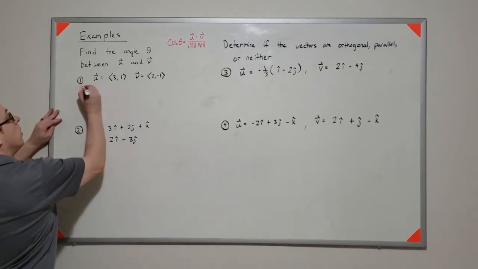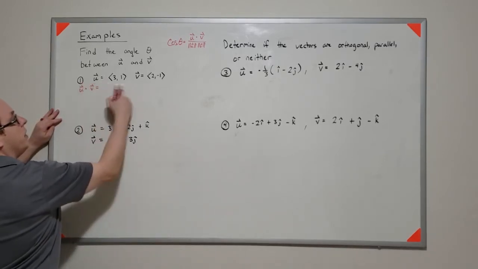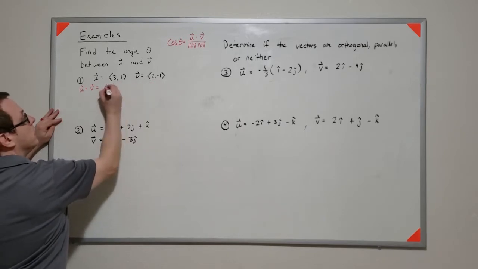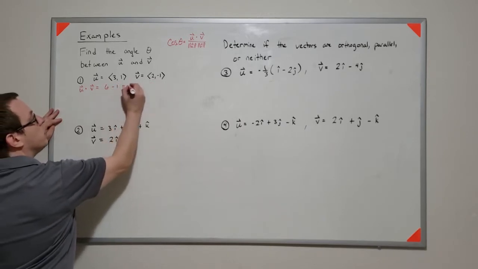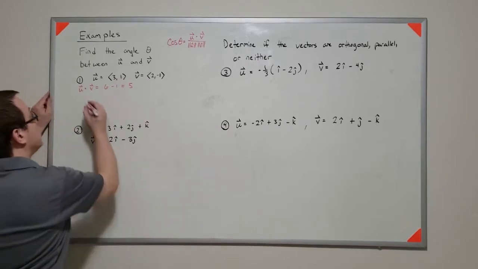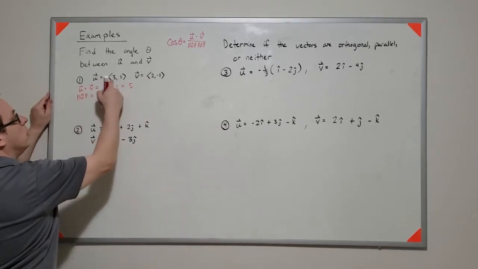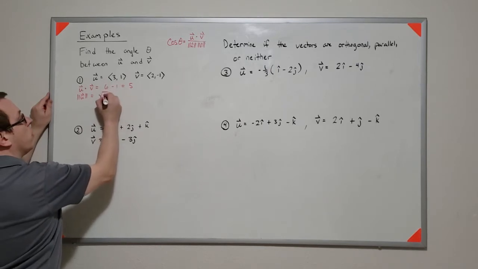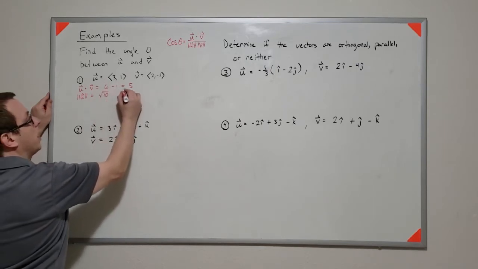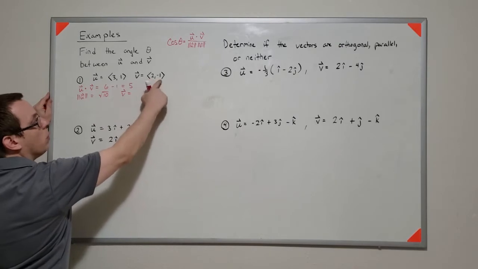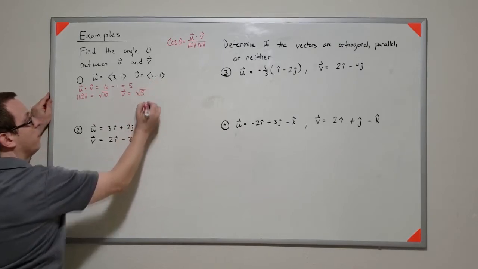So U dot V is 6 minus 1, which is 5, and the magnitude of U, 9 plus 1, that's the square root of 10. The magnitude of V, 4 plus 1, is the square root of 5.